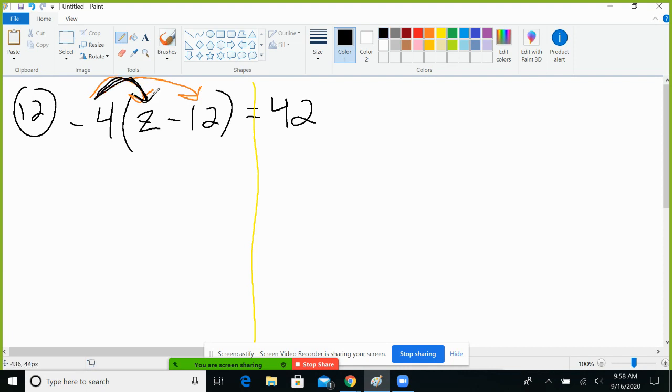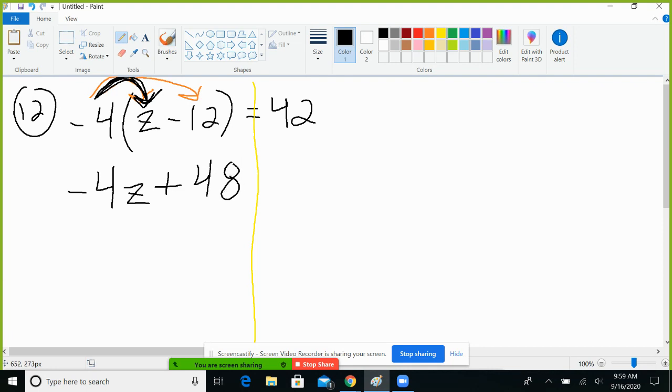What's negative 4 times z? Perfect. We don't know what z is. In fact, that's what we're trying to solve. So it'd be negative 4z. Nice.